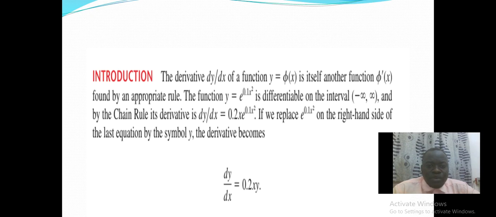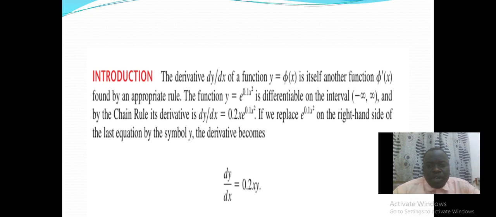The function y equals e to the power of 0.1 times x square is differentiable on the interval minus infinity to infinity, and by the chain rule its derivative is dy by dx equals 0.02 x e to the power of 0.1 x squared.